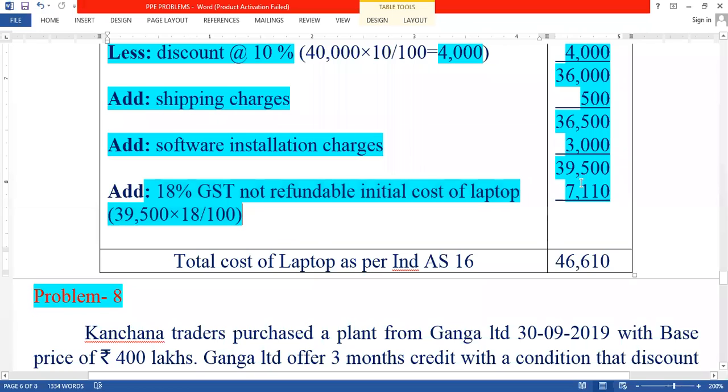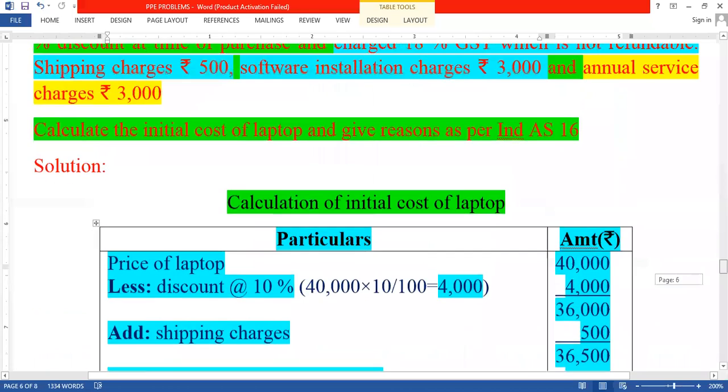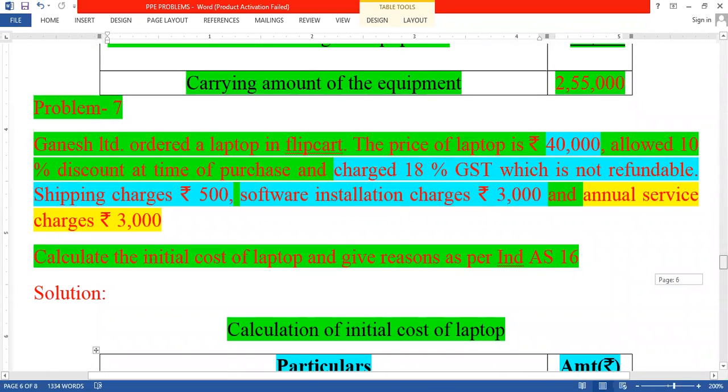So when we are adding the GST to the total value, 39,500 plus 7,110, we get 46,610. So this is the total cost of the laptop as per Indian Accounting Standard 16, Property, Plant and Equipment. So this is about the Ganesh Limited laptop problem. This is the question paper problem.